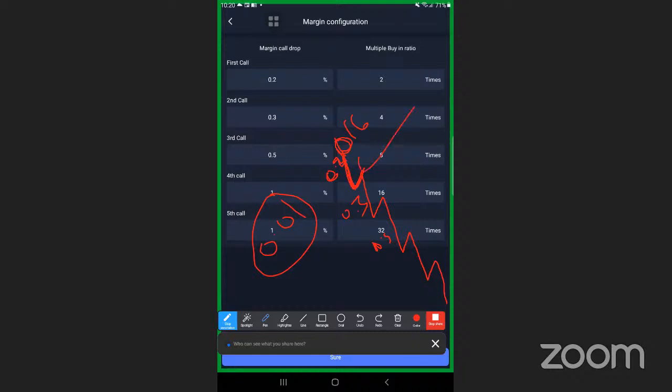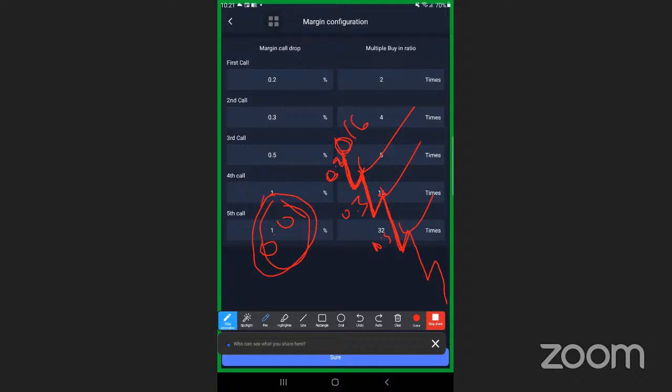Then it falls again by 0.3, and the price rises a little bit by 0.01. Boom, it buys a second time. Then it goes down again by 0.5, and before it continues down, it moves a little bit up, 0.01, our buy-in callback, boom, the robot buys. That's what we call a buy-in callback.